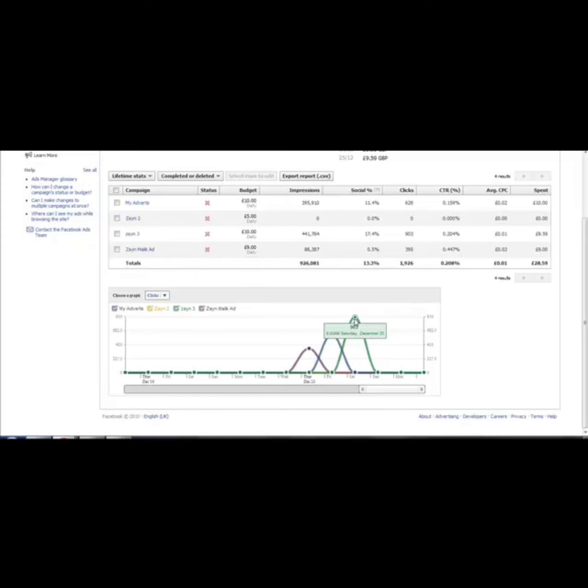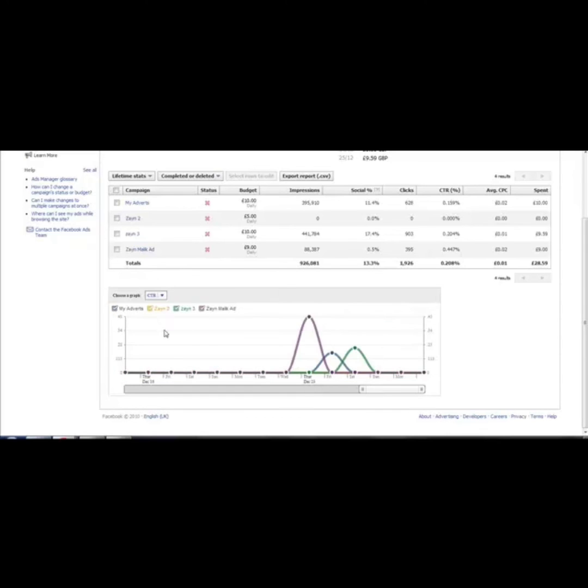So as a result, I've come to the conclusion that in terms of clicks, this was the best performing ad. Now let's look at it in terms of impressions. This was pretty close. The graph shows that the ad with the better image had the same level of impressions but had more clicks.